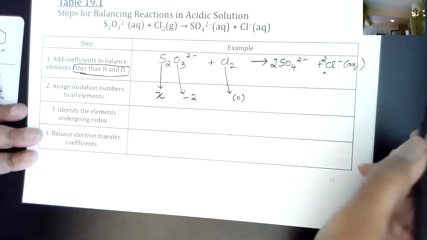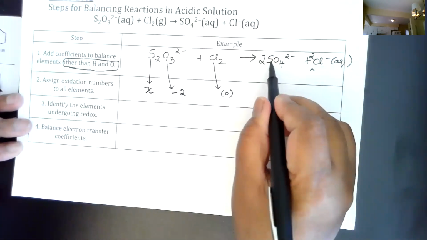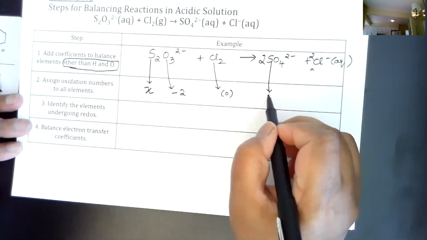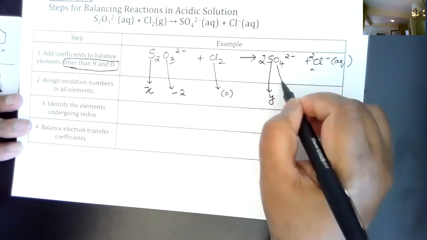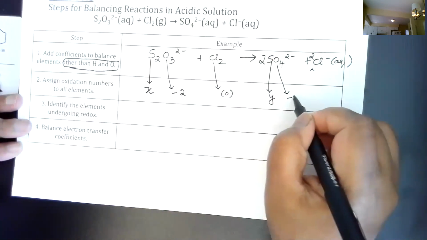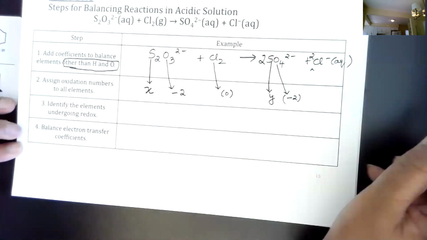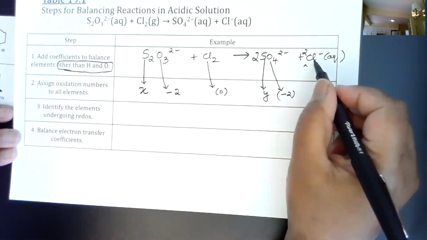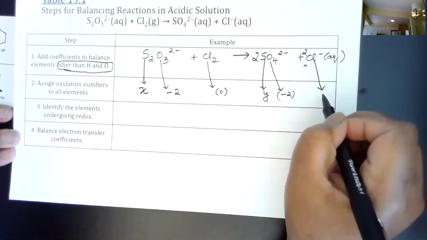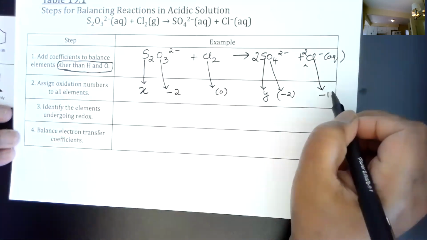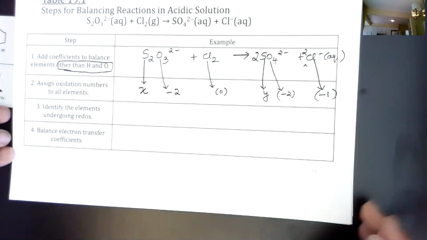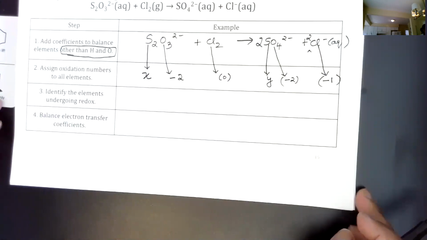Now sulfur in sulfate, we have to find out what that is. Let me call that Y. Oxygen in all of these cases is -2, and the charge on the ion, we are looking at each ion or element or atom. So each chloride is -1.